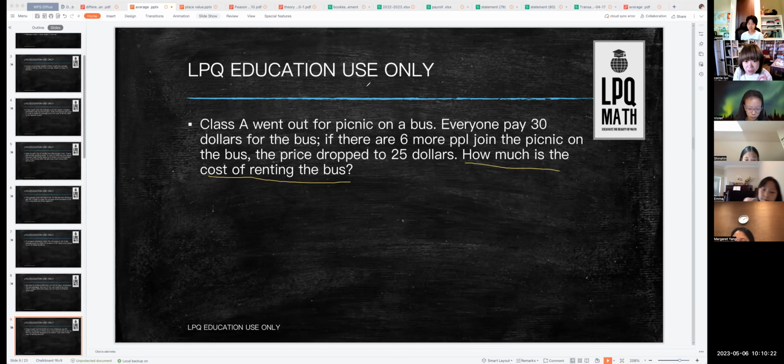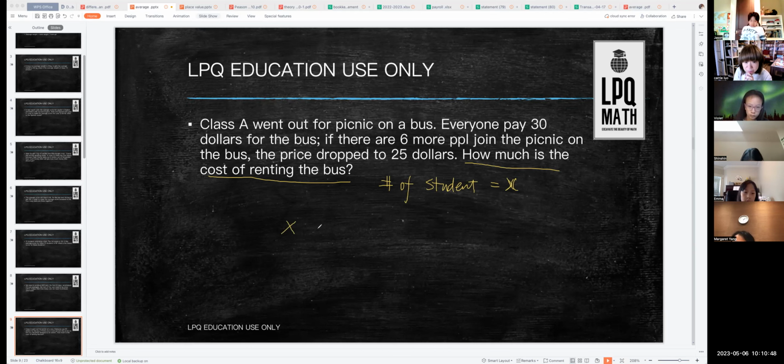I don't want to do that directly. I want to know how many people there are first. So I'm going to let the number of students equal X. Everyone pays $30 for the bus, and we have X students.